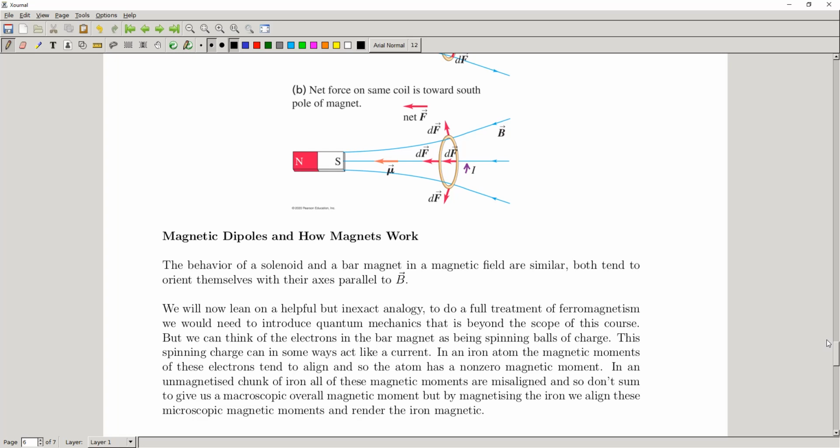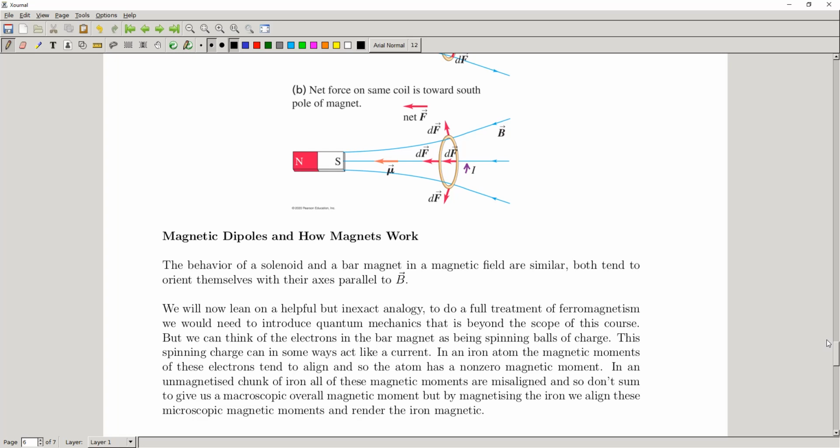And so to build up this idea, we're going to have to use an analogy here. It's an inexact analogy. To do a full treatment of ferromagnetism, which is basically these permanent magnets, to look at the way these permanent magnets work, we would need to introduce some ideas in quantum mechanics, and that's beyond the scope of this course.